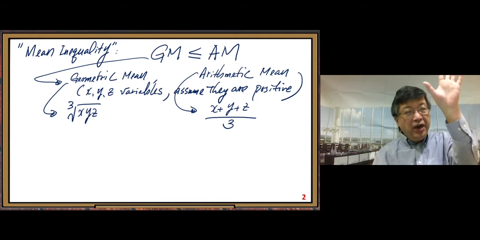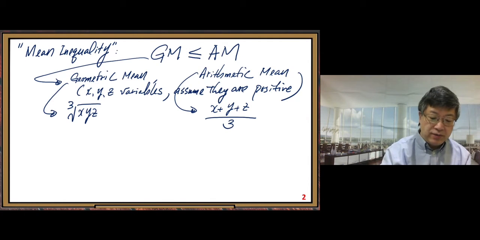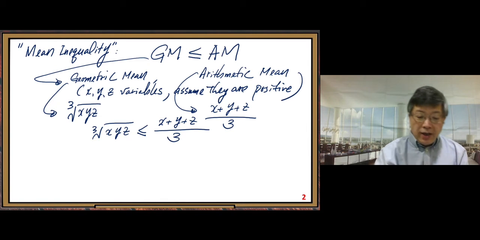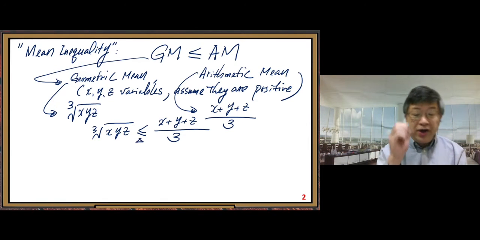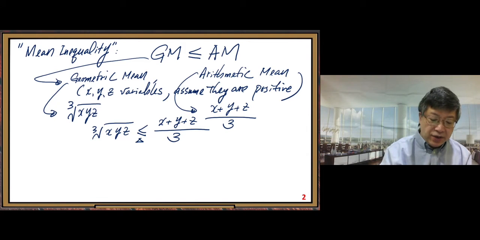The mean inequality tells us this famous inequality. Cubic root of XYZ less than or equal to X plus Y plus Z over 3. Here there is inequality possibility.